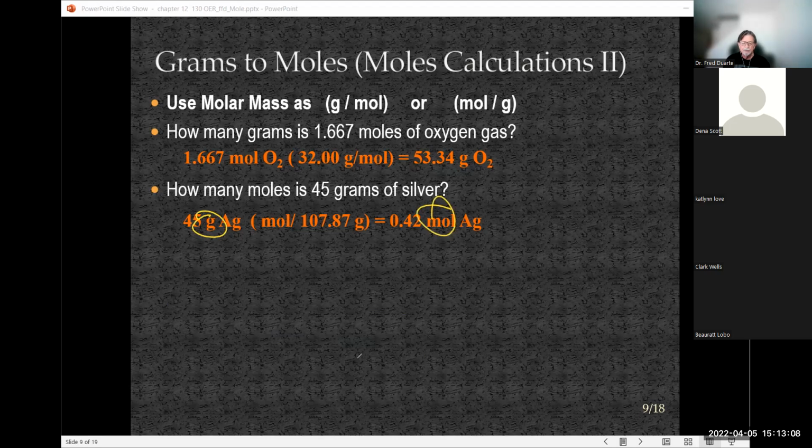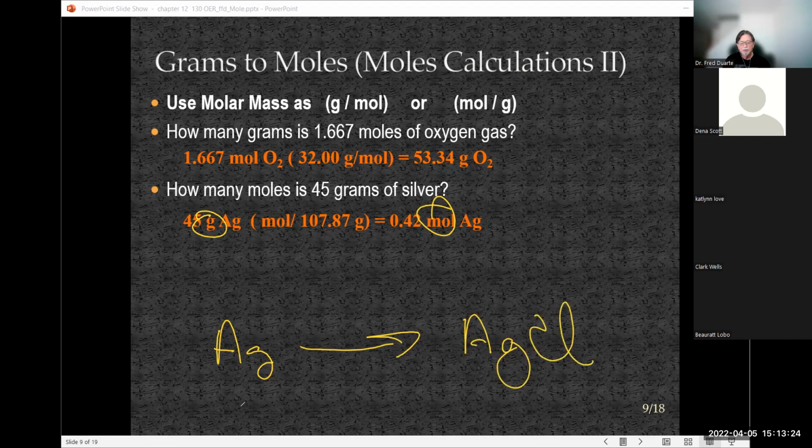And so if we were doing a calculation of, let's say, silver going on to make some, I don't know, some silver chloride compound, for example. Well, if I had 45 grams of silver, I need to calculate how much silver chloride. There are some other processes here, but I want to show you an example. Here I am with 45 grams of silver. I need to get the silver chloride. Well, I can't go directly. Okay. I need to go through moles.